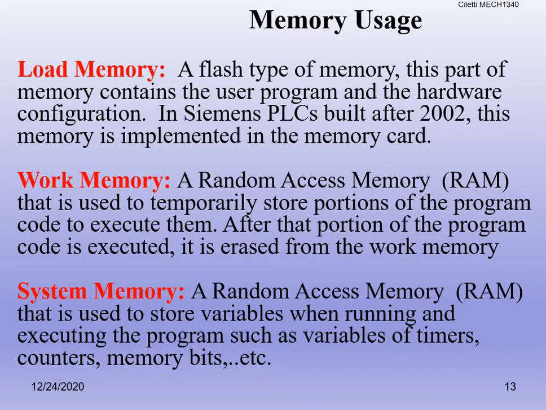If you have PowerPoint, SolidWorks, and Multisim all pulled up and open at the same time, it allows you to move smoothly between them. If we don't have enough RAM for SolidWorks, there's a huge lag when you're drawing. So that's our working memory, that's RAM. And then system memory, that's the one that stores the variables when you're running and executing a program. So it's just storing data as you're using it.